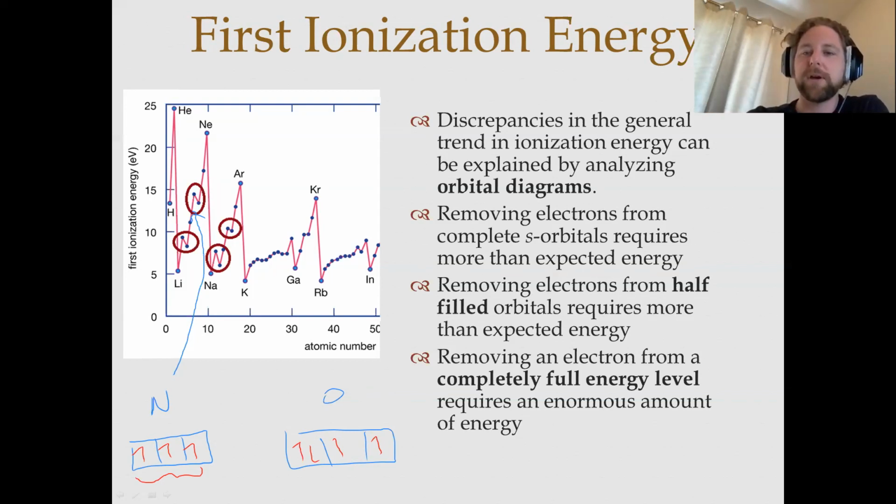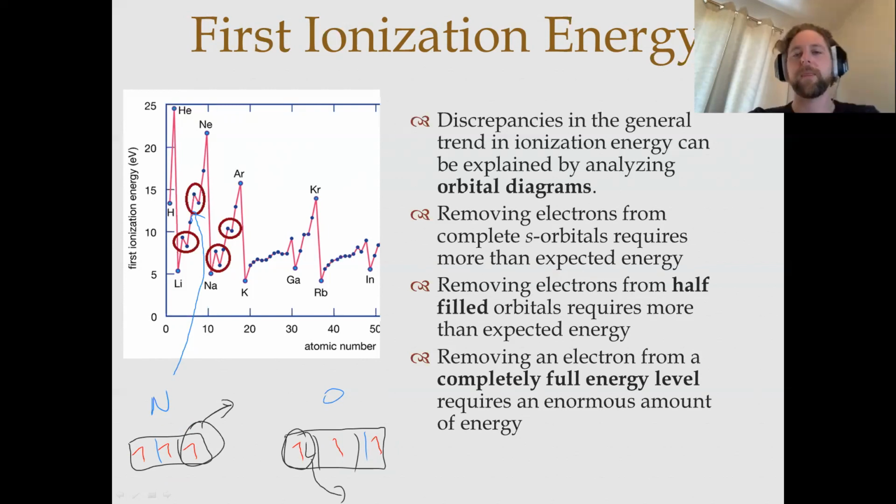And it's going to cost more energy to remove that 1 electron from nitrogen than to get this electron to leave. It's going to stress out the atom more than to get that 1 from oxygen to leave. And you'd really be using orbital diagrams to describe this discrepancy.